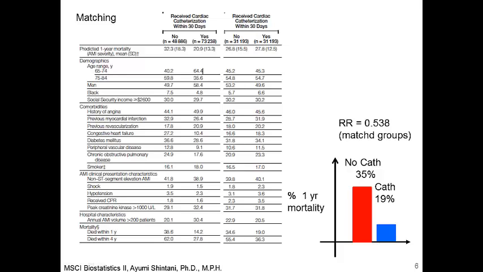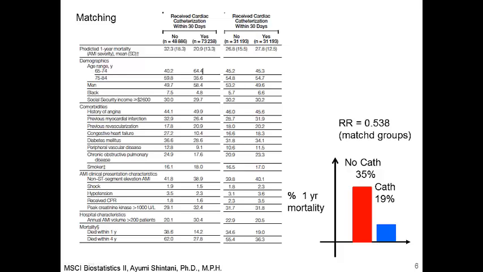And you may be surprised to know this analysis contains less than half of the patients who received catheter. This means there is a large number of patients for whom they couldn't really find a non-catheter patient whose background is similar, so those patients are excluded from the analysis. Now, after matching, if you look at the baseline variables, they are actually very similarly distributed, so we have a good balance between the two groups.